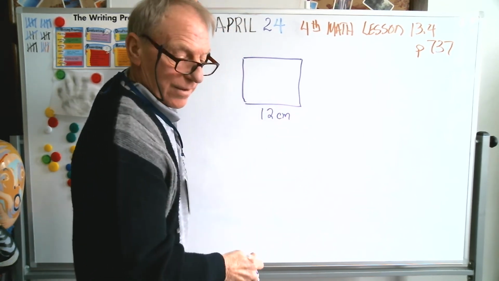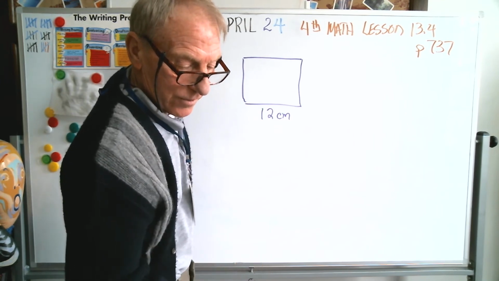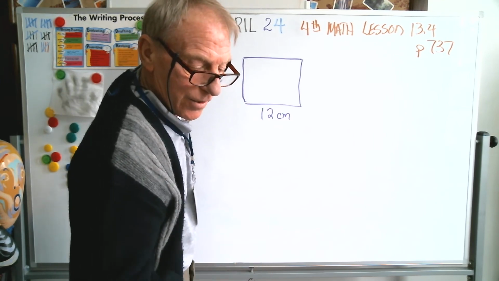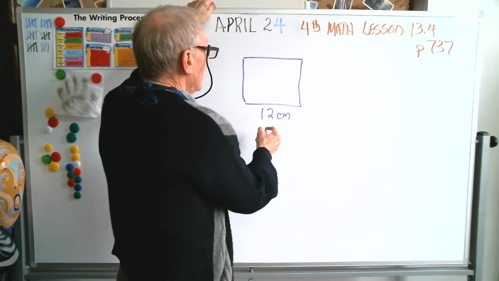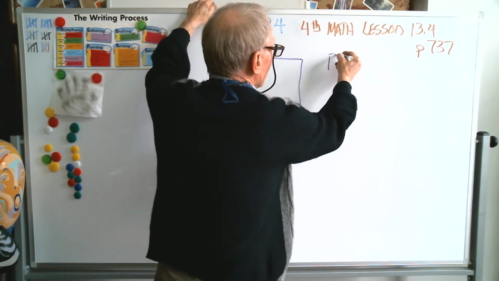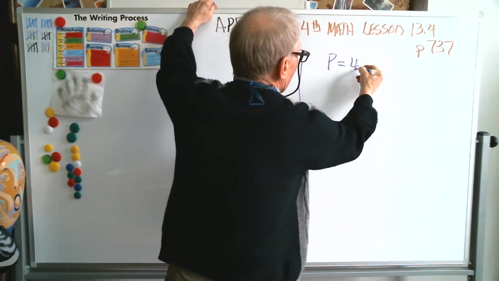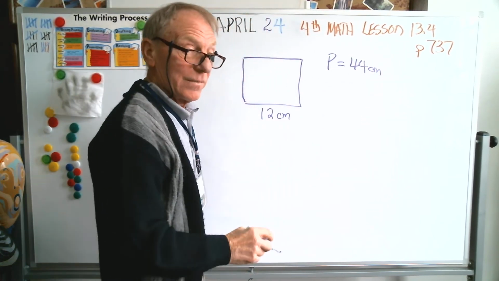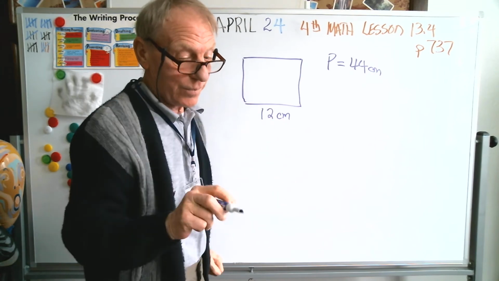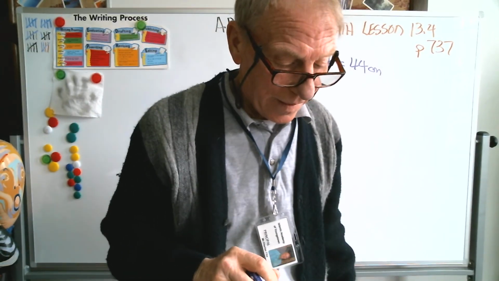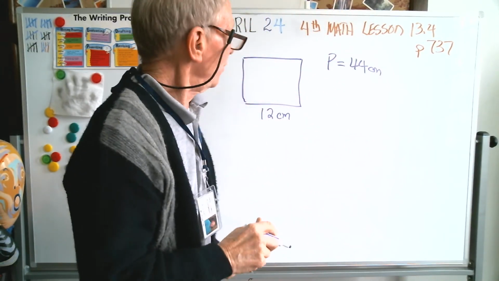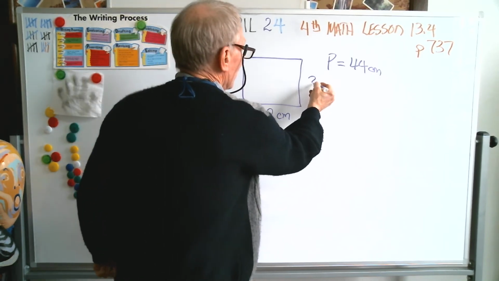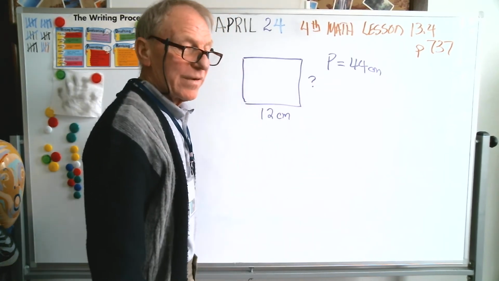That's your length. It's telling you that the perimeter equals 44 centimeters. That's the distance around. It's asking you to find the unknown value of its height.